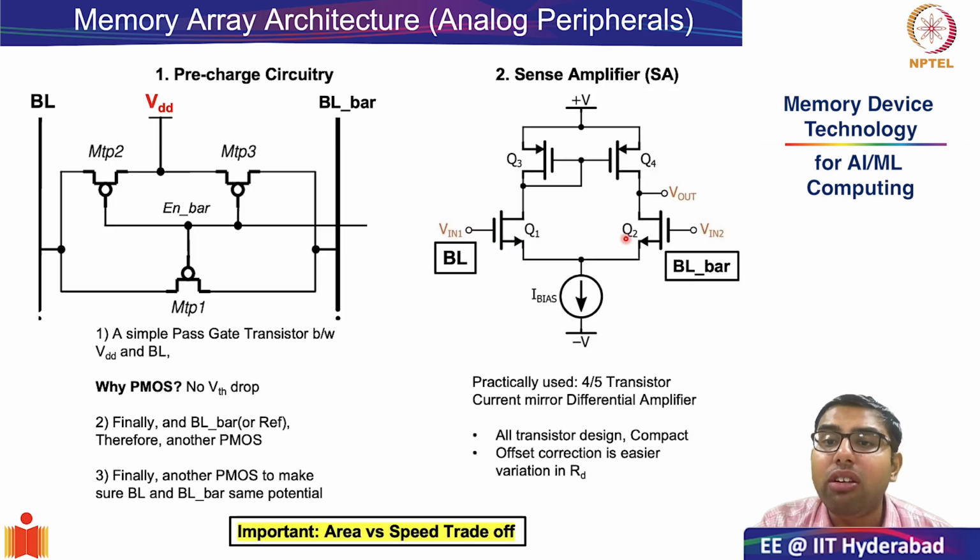However, in realistic situations, these resistors are replaced by two PMOS transistors, Q4 and Q3. This configuration, as you may know, is called the current mirror configuration. In the current mirror configuration, similar principles apply, but the resistances are now replaced by transistors.